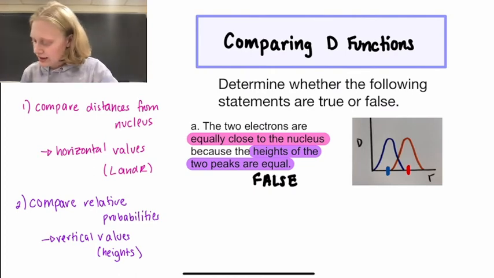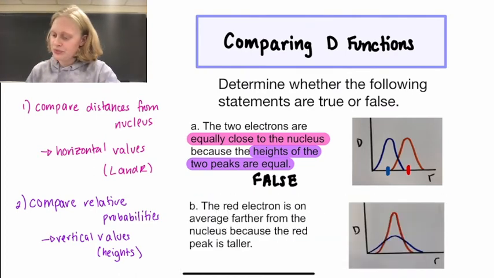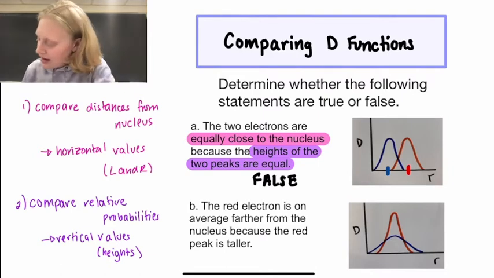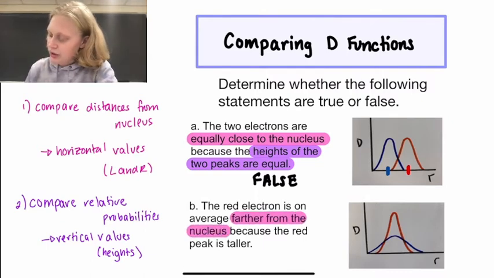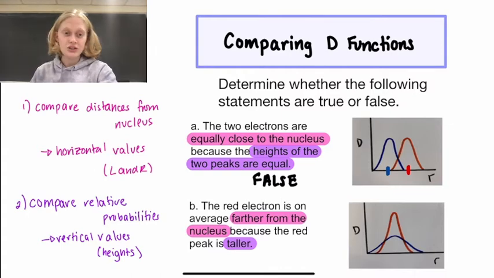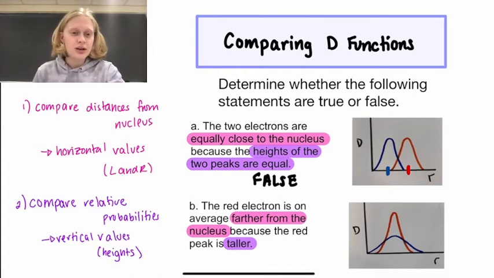Let's look at another statement. The next one says the red electron is on average farther from the nucleus because the red peak is taller. Once again, just like the last one, they're trying to use vertical values to compare distances from the nucleus.